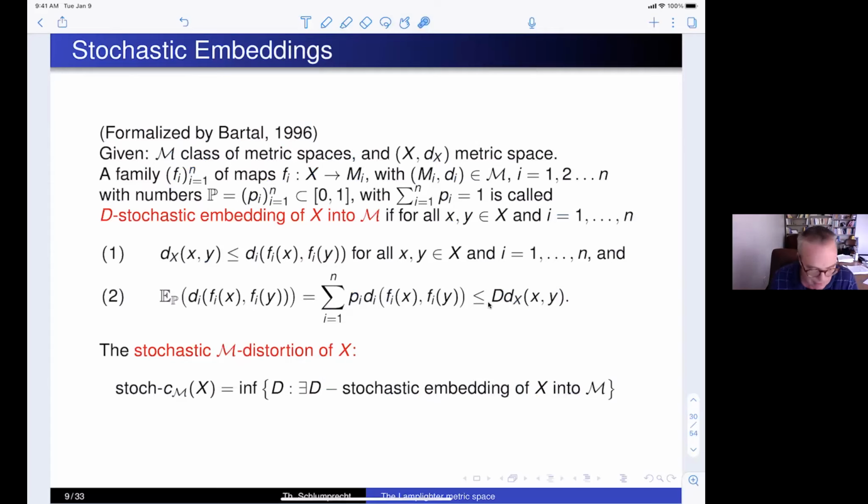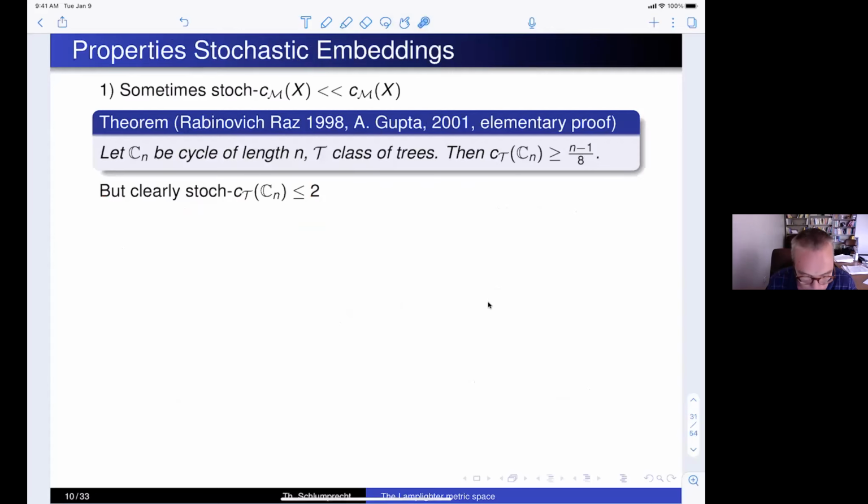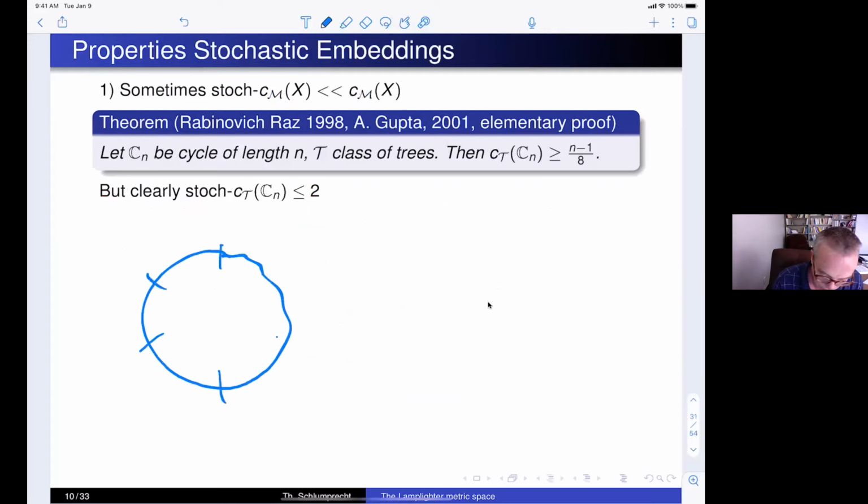Let me discuss the good properties of these stochastic embeddings. First, the stochastic distortion can be much lower than the distortion. Let me give you an example. I think this is an extreme example. You take a circle. Now you want to embed this circle into a tree.